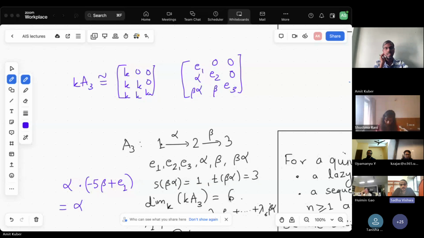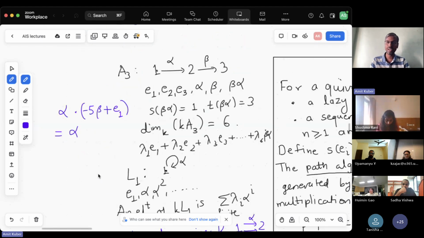I have a question over here. Here you are meaning that the ij-th entry of the matrix corresponds to a path starting from i to j, right? But what if there are multiple paths from i to j? Yes, so I was going to show you the next example. We already have an example here, the Kronecker quiver.